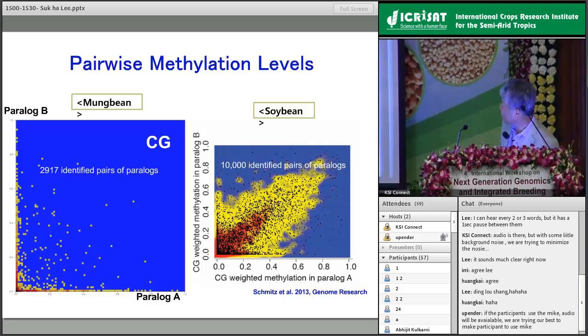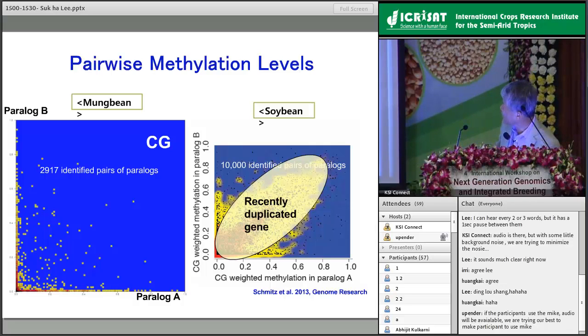One of the patterns about CG: they identified 10,000 pairs of paralogous genes because of the duplication in soybean, and checked the methylation patterns between paralogs. You can see here that most of the recently duplicated genes show similar methylation between two paralogs.